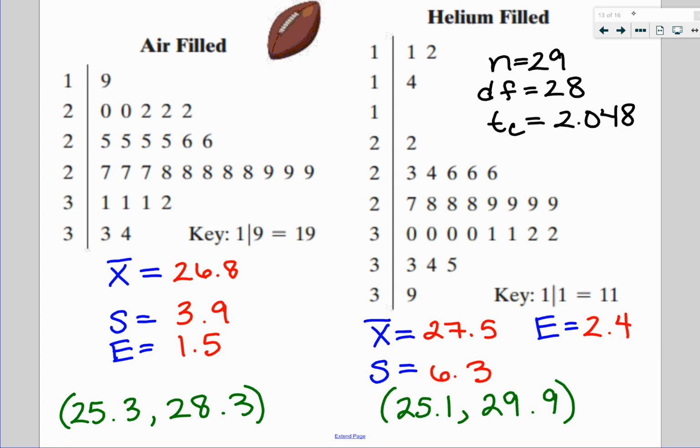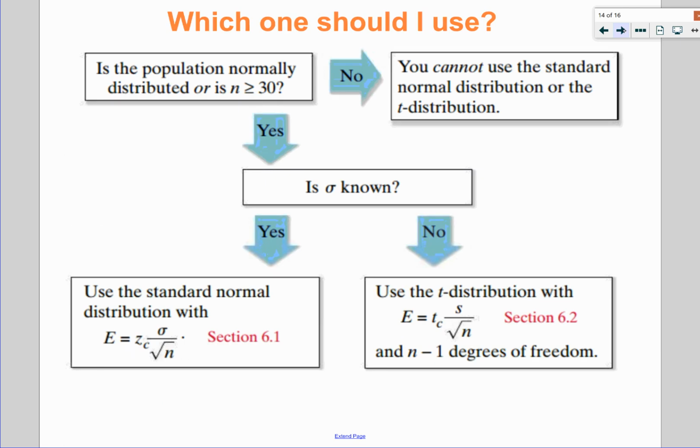Okay. So the last slide just summarizes when we do the test with the Z and when we do the test with the T. In both cases, your population needs to be normally distributed, or you need to have a sample size greater than 30. A lot of these problems we've been doing had a little parenthetical: assume that the population is normally distributed. They're telling us that. If it's not either of those, you don't use either test. You cannot do a sample test based on that.